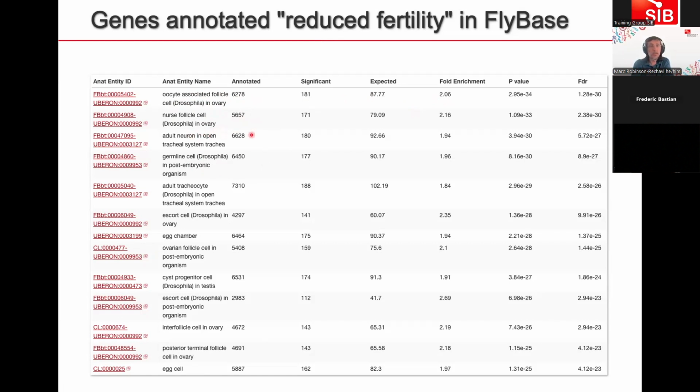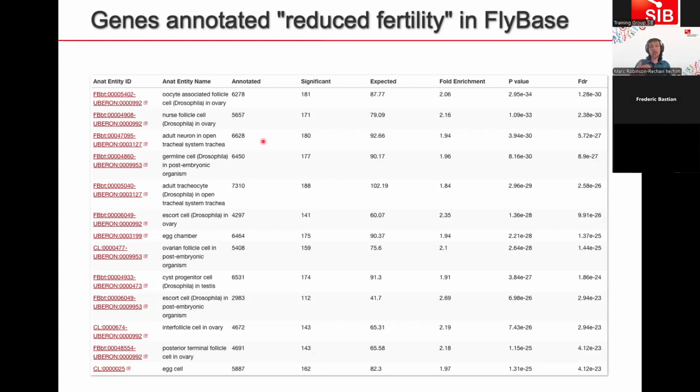But you also get neuron, for example. And why do you get neuron? Because a lot of the mutants which reduce fertility in flies have to do with behavior. So if the males don't recognize the females anymore, or if the females don't recognize the courtship of the males, things like that, you have a lot of behavioral mutations in flies which will lead to, in practice, reduced fertility because they do not mate.